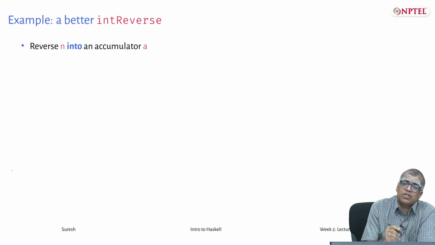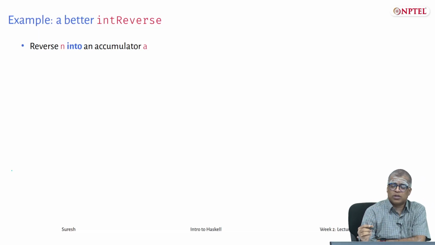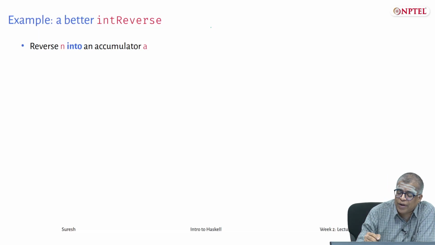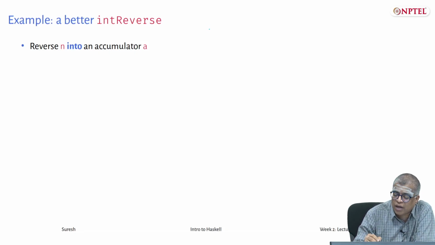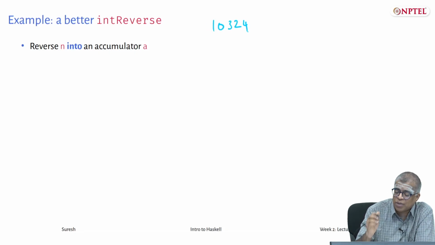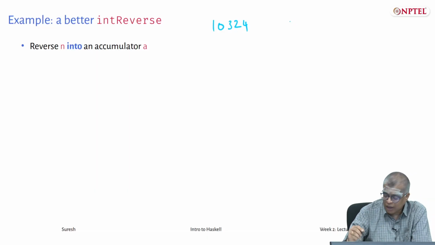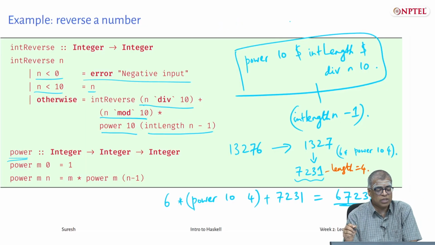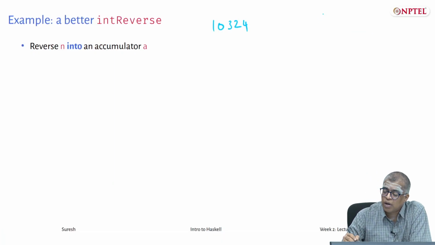Suppose I provide you an accumulator. Let us say I have 10324, some random number I have. And I have this earlier example, 13276.